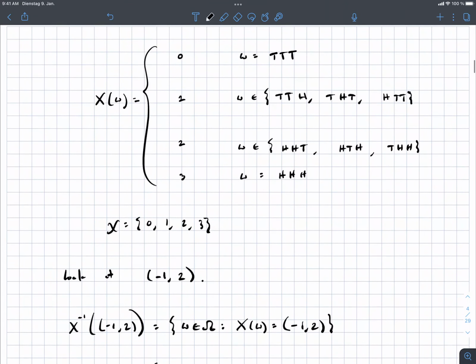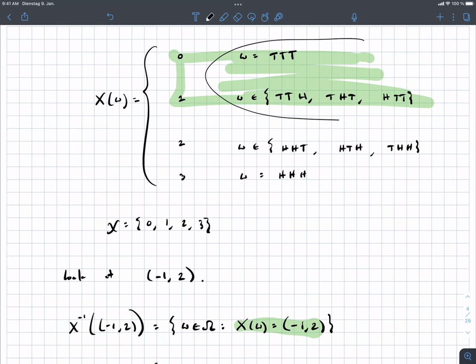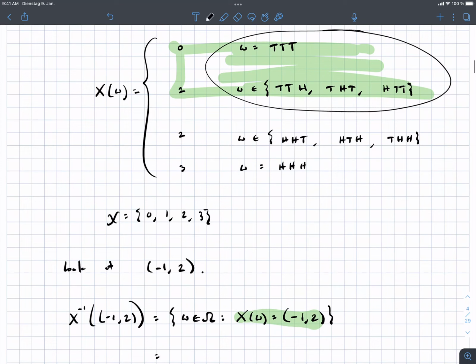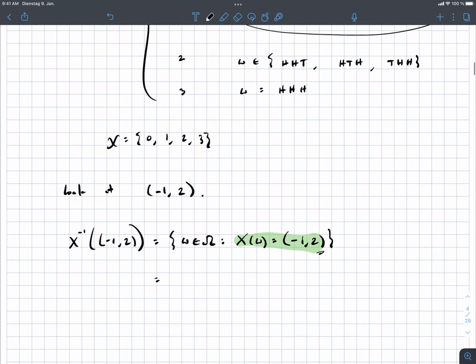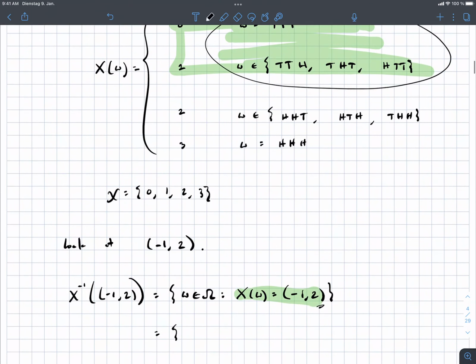And so I see it's going to be these values in the sample space, or those outcomes, because I'm not including the endpoint 2, so I can't take those ones. So I'm going to get this one, this one, this one, and this one.